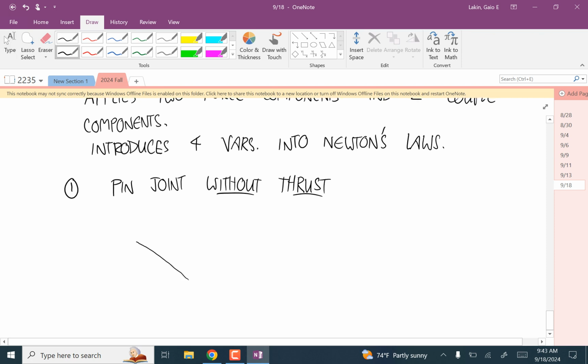Try this again. Okay, so here's the pin. Here's one of these two bodies. Here's a little length of the pin between the two bodies, and then here's the other body.